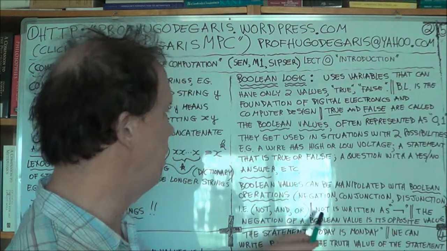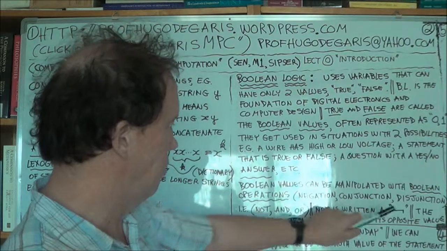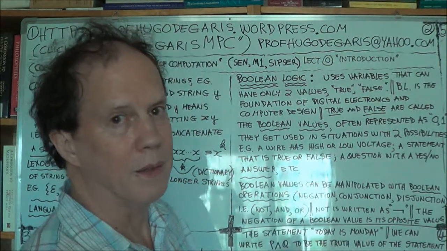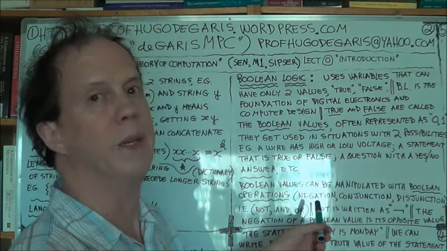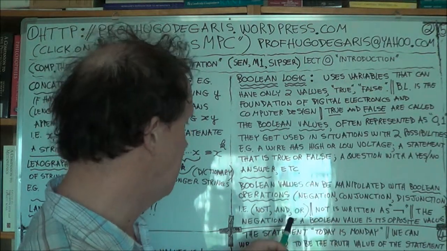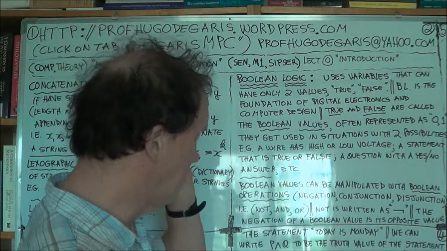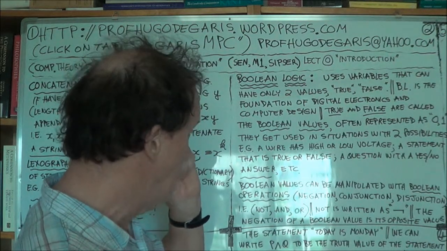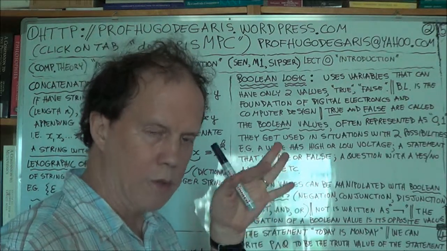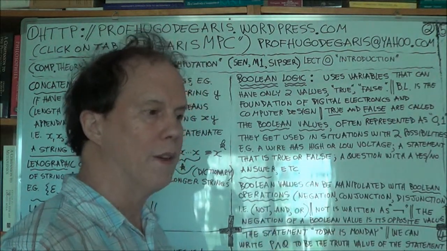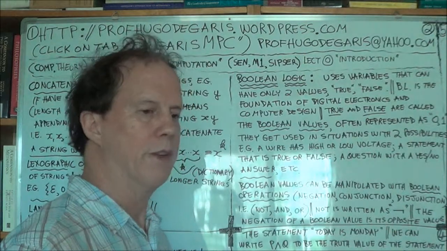Now, what does that mean? I'll need to introduce something called the truth table, but that will be next session. But we can start on some of the notation. Now we're talking operations, right? We're going to modify or change the value of a Boolean variable.